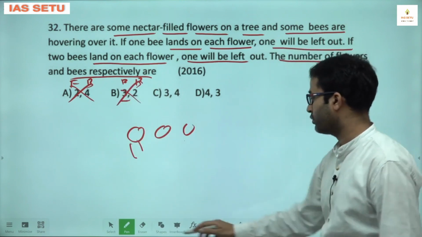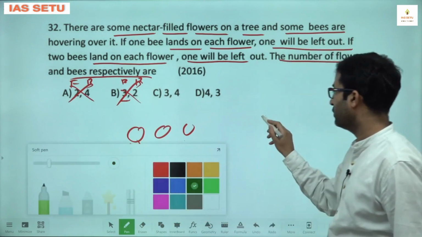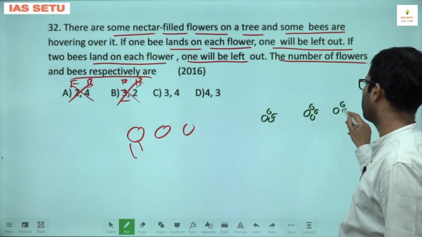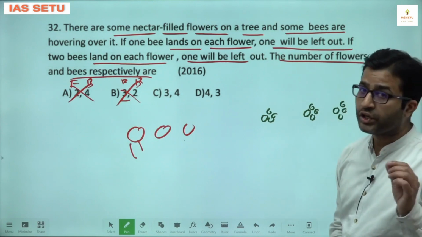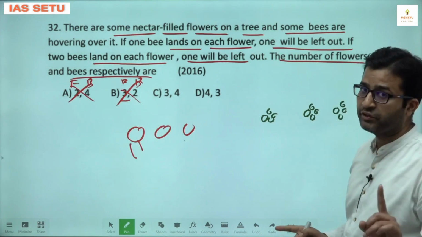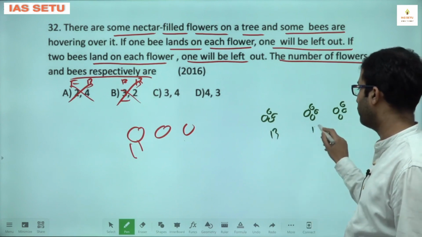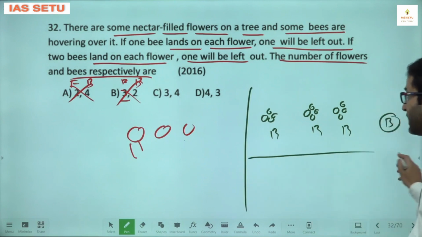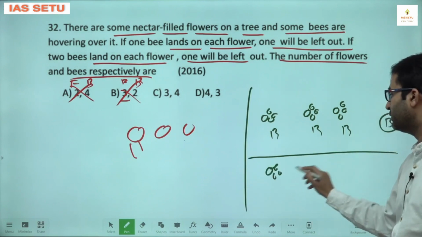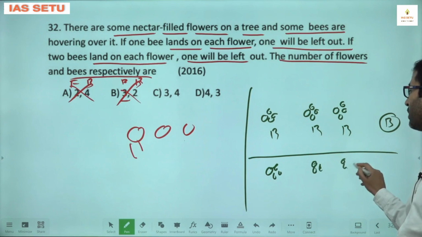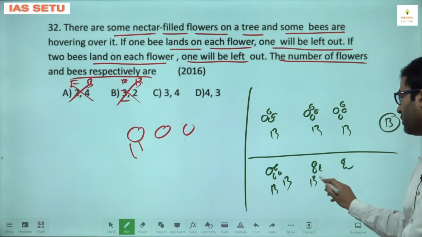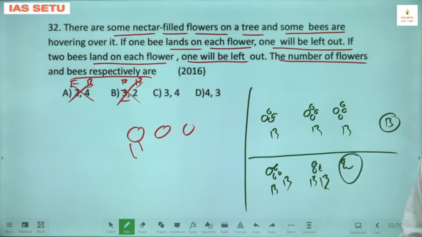If it is 3 and 4, so there are 3 flowers, 1, 2, 3. So if on each flower 1 bee, so 1 bee is left out. Second statement, there are 3 flowers. If on each flower there are 2 bees, so 1 is left out, means 1 flower is left out.